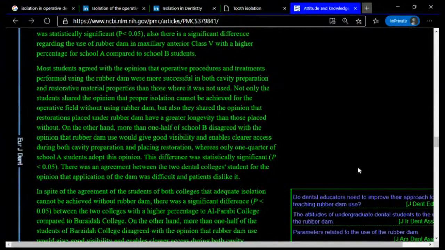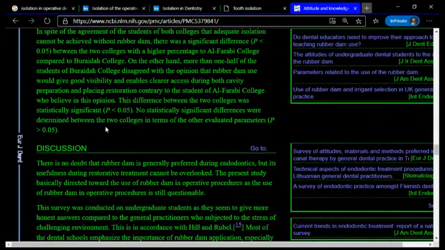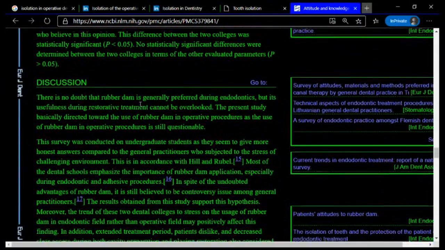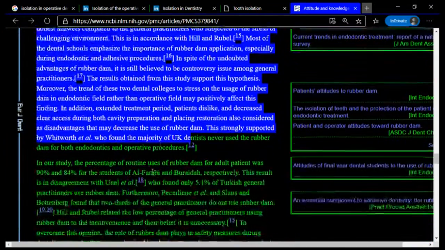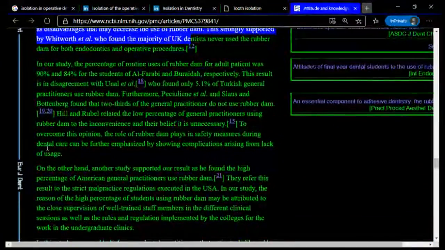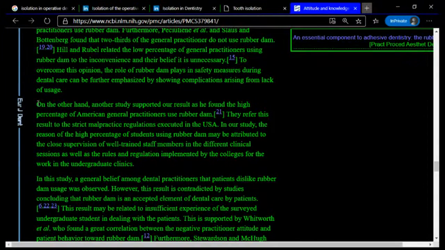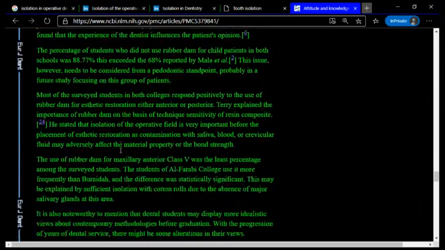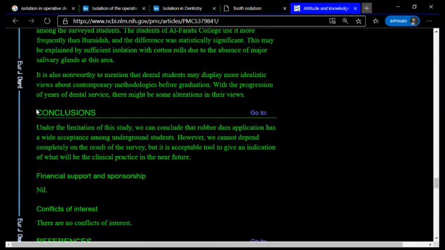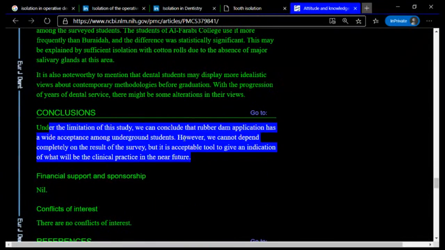as it is a very important tool in dentistry, and this is the discussion that has been made on this subject. And of course, in the conclusion and limitation of this study, we can conclude that rubber dam application has a wide acceptance among undergraduate students.